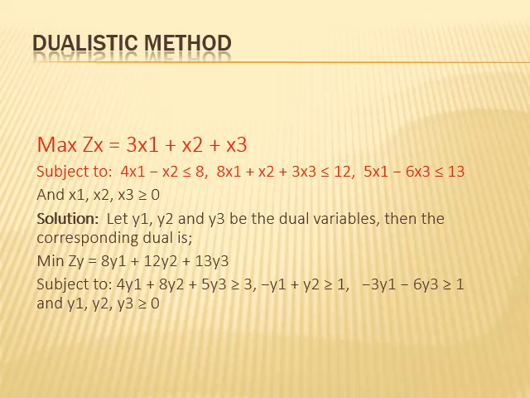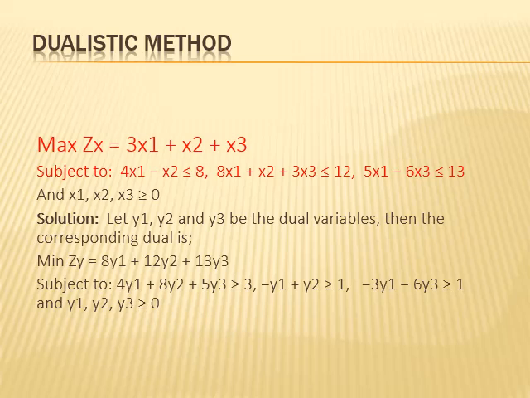We emphasized before that the constraints of maximization must be less or equal. In this case, the constraint number 2 is more or equal.